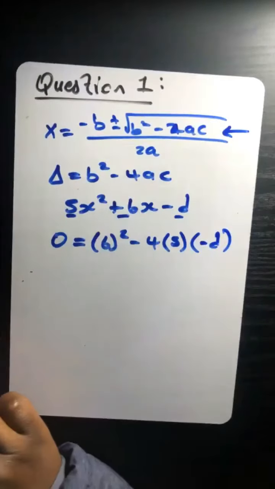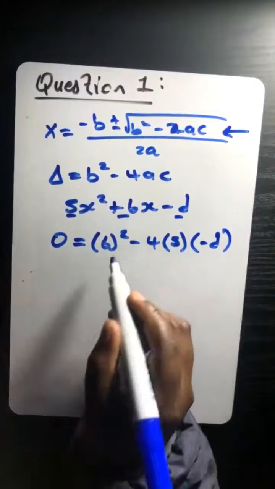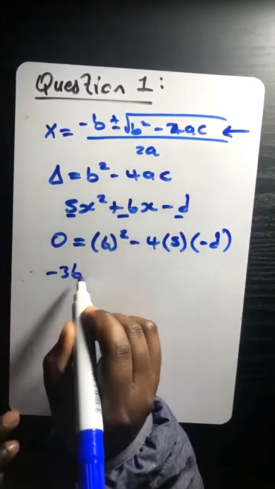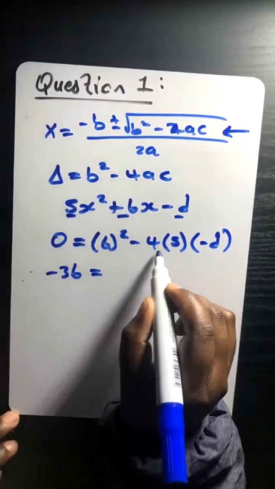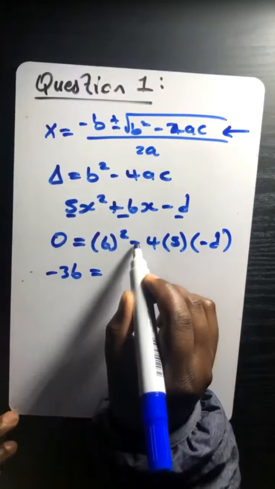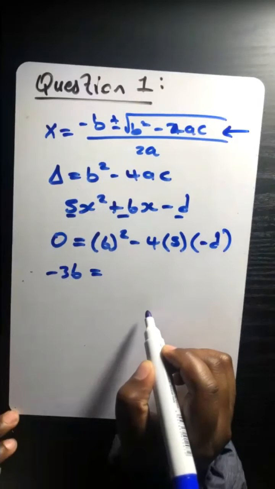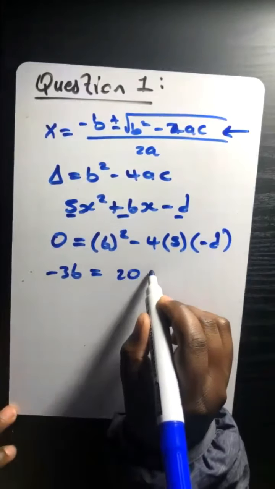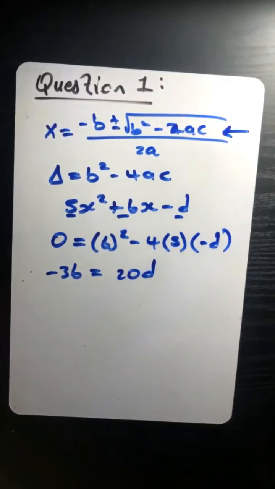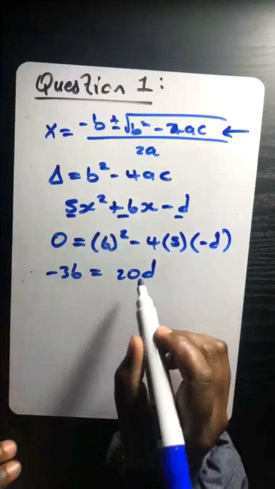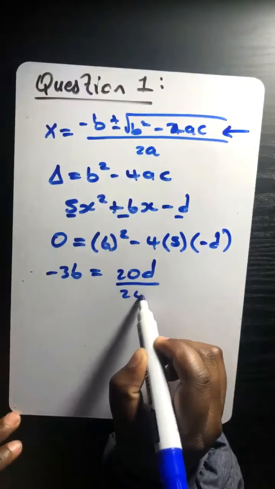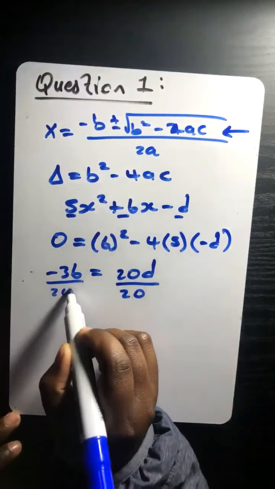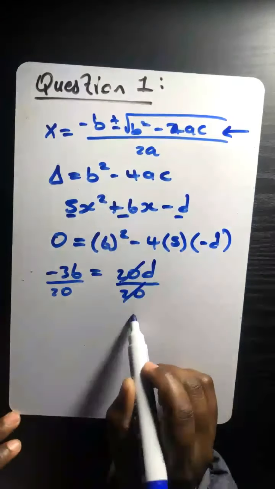So let's see, what is 6 squared? 6 squared is equal to 36. So you transpose, it becomes negative 36, being equal to this times that, and you also multiply negative by negative, it becomes a positive. I think 4 times that is actually 20. So you have positive 20D over there. You now need to remove everything attached to D, because D is exactly what you're calculating.